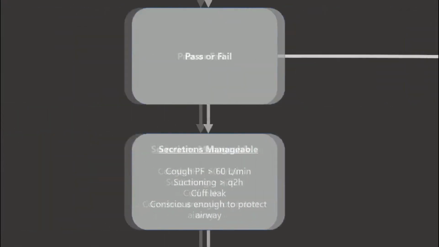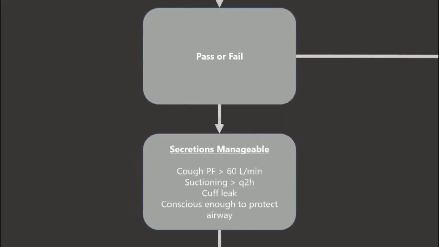Now, at this point in time, the patient has demonstrated that they don't need the ventilator. The question now becomes, does he need the airway? And so, in order to answer this question, you need to then decide whether or not their secretions are manageable. And we do this by a number of different methods. First, by checking for a cuff leak.